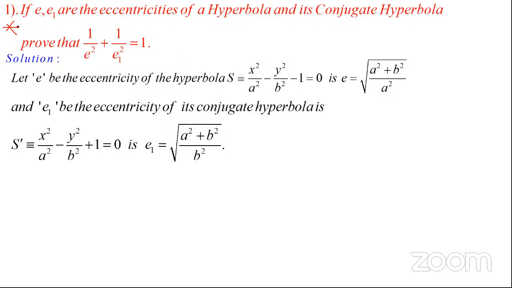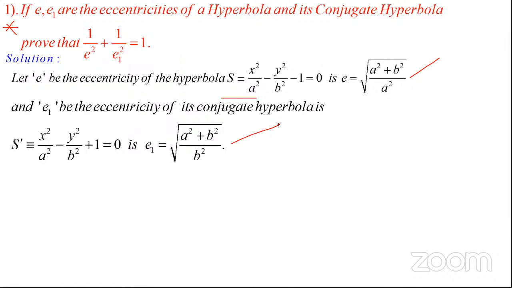Similarly, let e1 be the eccentricity of its conjugate hyperbola, that is x square by a square minus y square by b square plus 1 equal to 0. Then e1 is under root of a square plus b square by b square, where a is less than b. Here, a is greater than b and this is a is less than b. Clearly, that is the difference between the hyperbola and the conjugate hyperbola.